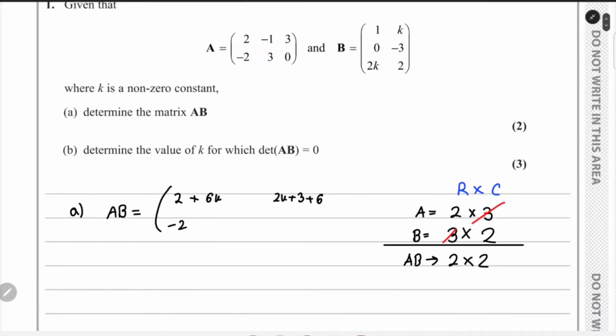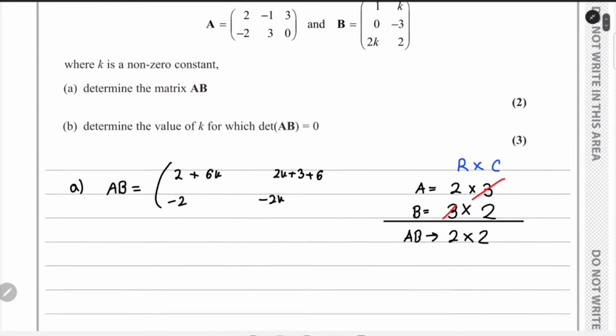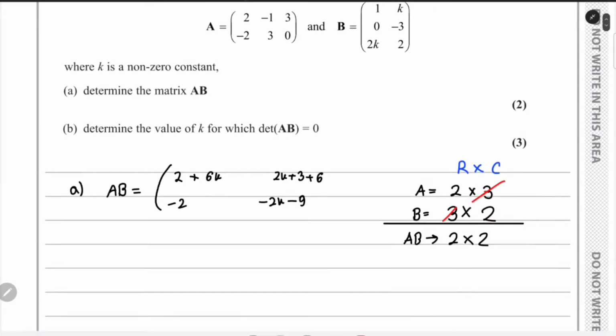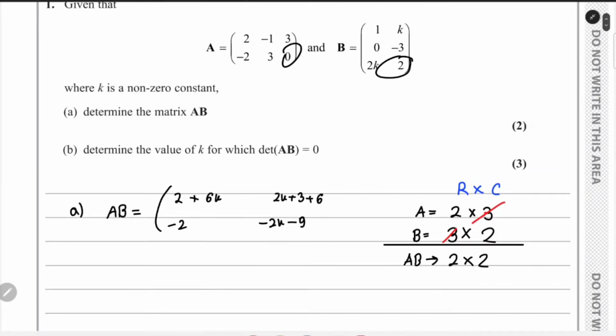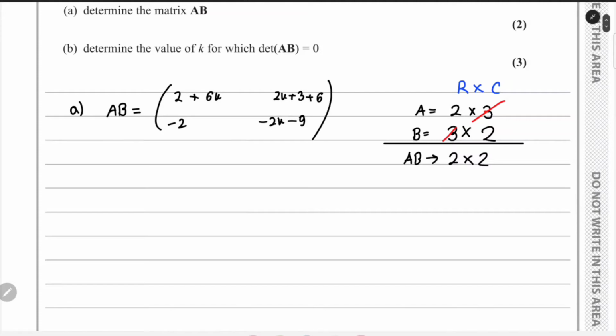And on the bottom right, I multiply minus 2 with k, I get minus 2k. Then I multiply 3 with minus 3, I get minus 9, and finally I have 0 multiplied by 2, so 0. This is the matrix AB. The matrix AB will be 2 plus 6k, 2k plus 9, minus 2, minus 2k minus 9.